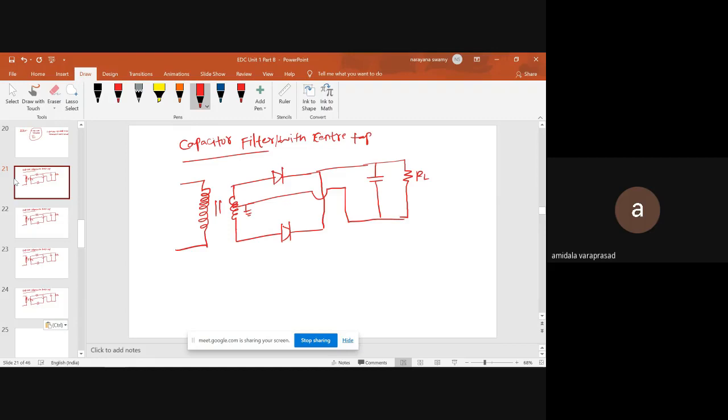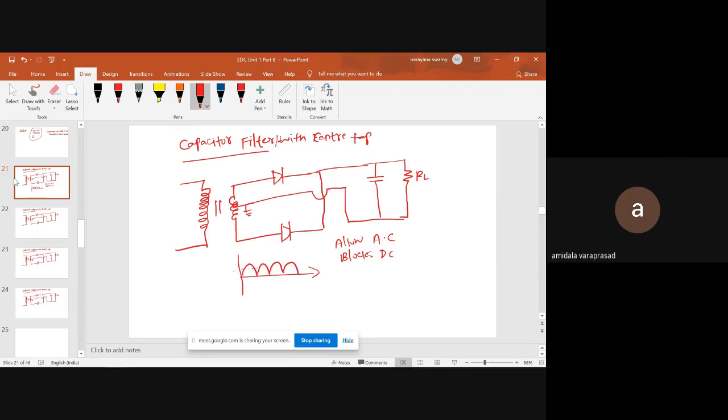Then the full wave rectifier output you will get. See, a capacitor allows AC and blocks DC. Therefore, for the waveform of the output, the full wave rectifier output is this one.